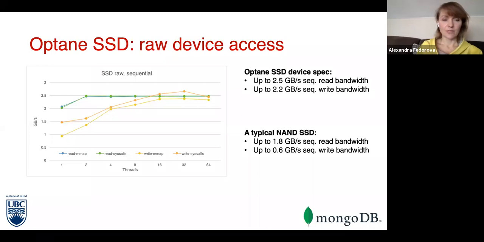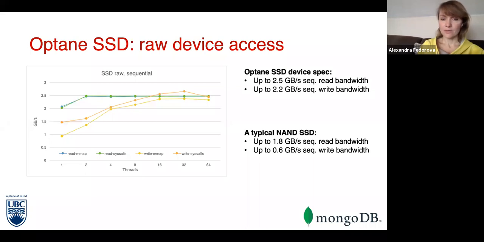The blue and green curves show the read performance, and yellow and orange show the write performance. We're using both system calls and mmap here, hence the two curves for each access pattern. But because we're bounded by the device bandwidth, there is no difference here between system calls and mmap.